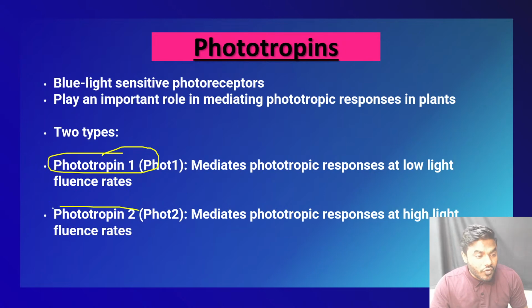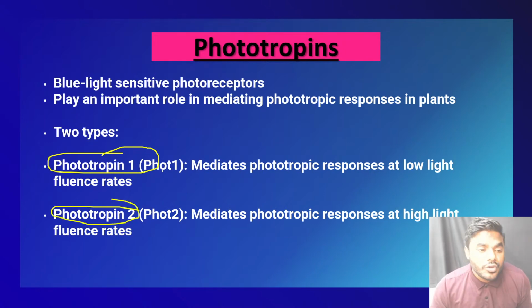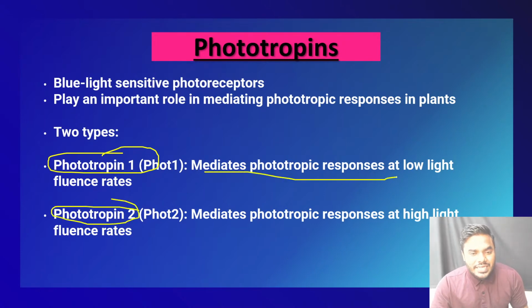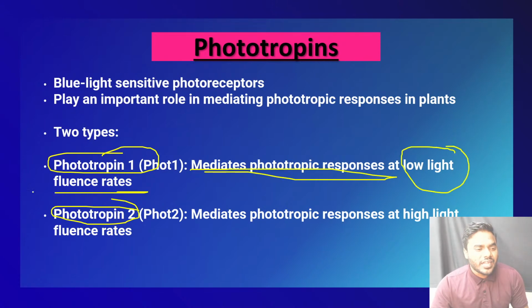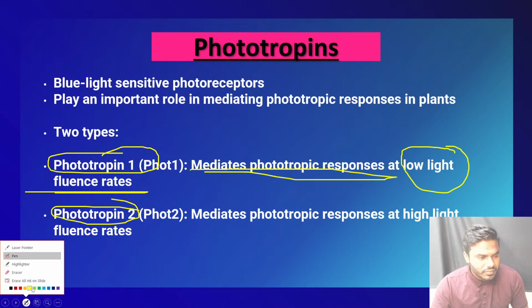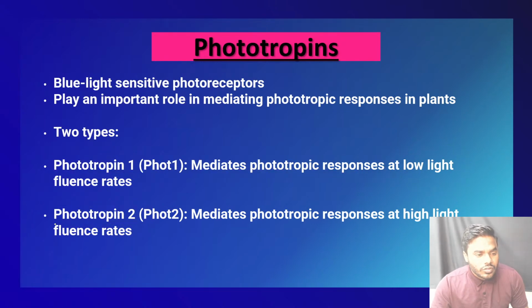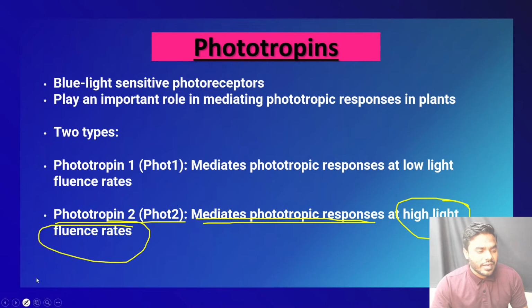Phototropin 1 mediates the phototropic responses at a very low light fluence rate, whereas phototropin 2 mediates the phototropic responses at a high light fluence rate.